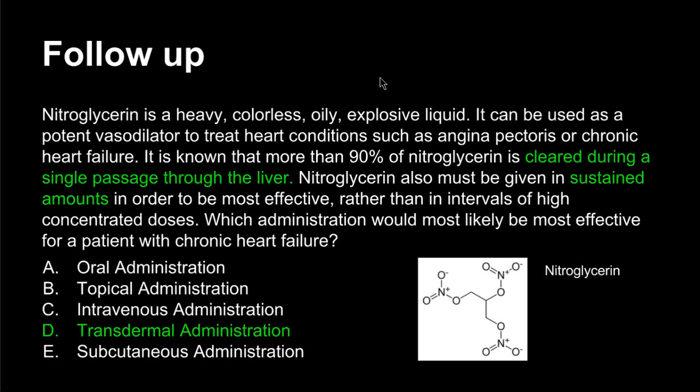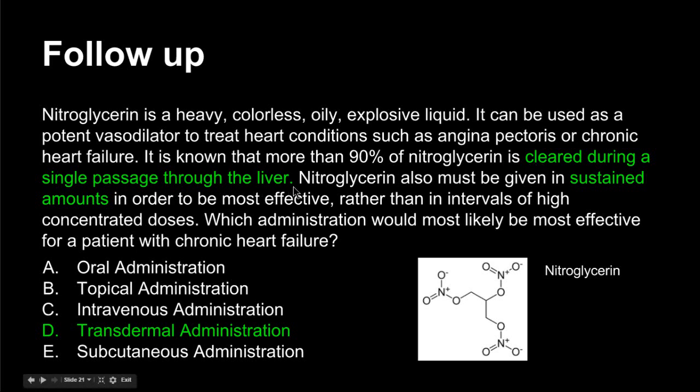So the answer to the question is D, transdermal administration. And I highlighted a couple areas of the text that hopefully will give you a very clear reason as to why the answer is D. So if we read this sentence here, it is known that more than 90% of nitroglycerin is cleared during a single passage through the liver.